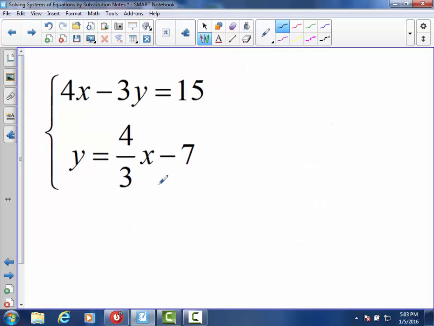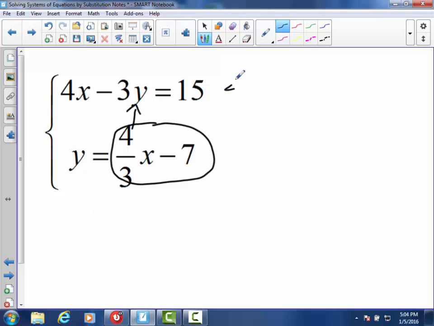All right, looking at the next problem, we have 4x minus 3y equals 15, and y equals 4/3 x minus 7. So again, we want to look at the equations. This one's already solved for y. y is by itself. And so we're going to take the expression 4/3 x minus 7 and replace y in the other equation.